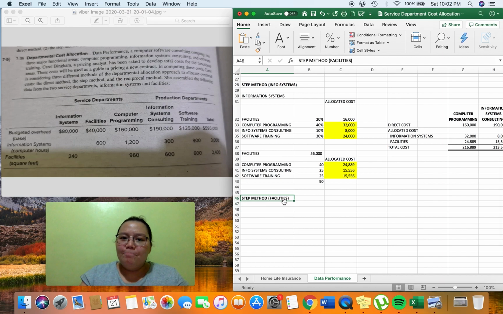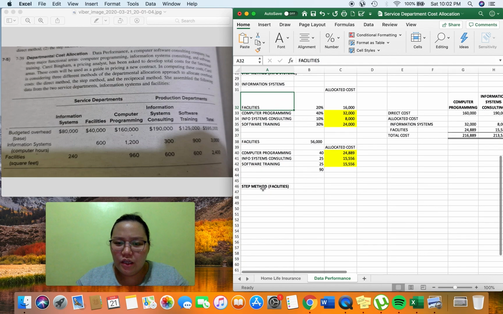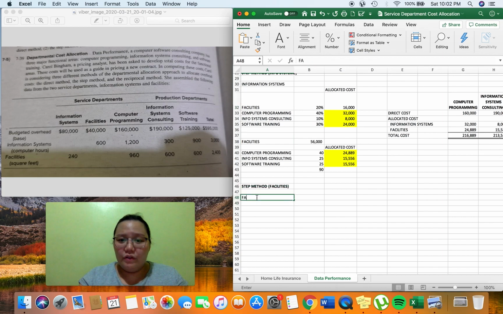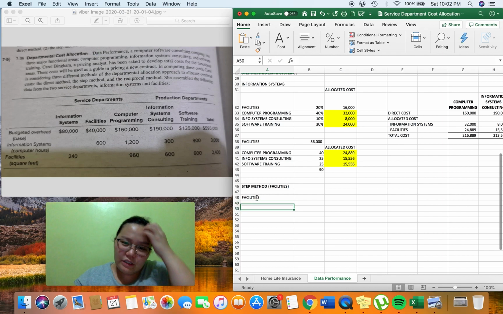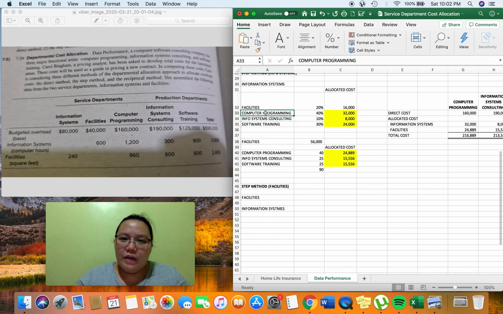Okay? So, if that is the case, of course, we will allocate the cost of the facilities department first, diba? So, the cost of the facilities department will be allocated to the following departments: information systems, computer programming, info systems consulting, and software training.